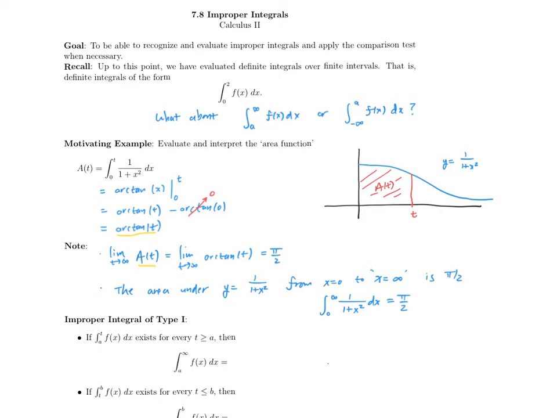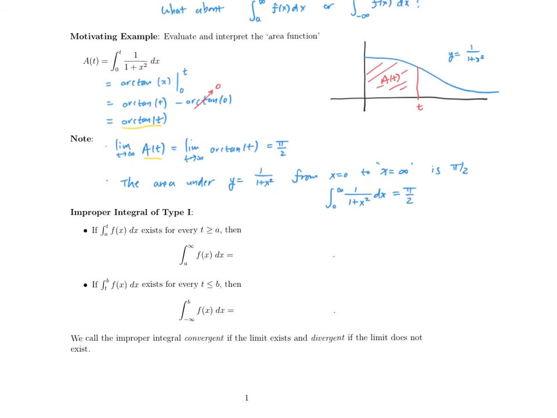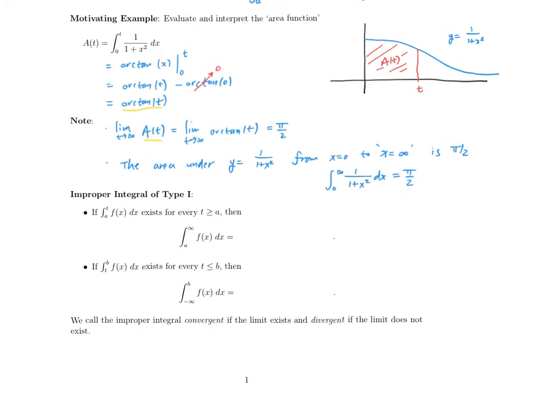And the focus of our discussion, at least in the first few videos in this series, is going to be all about improper integrals that have this form. And this is what we refer to as an improper integral of type 1. So let's go ahead and give a somewhat more precise definition and make a few observations about improper integrals of type 1.